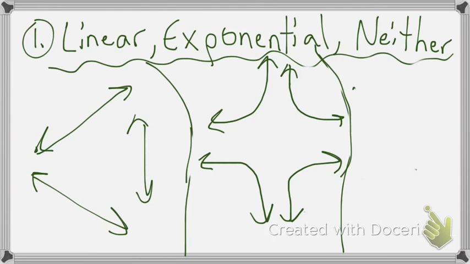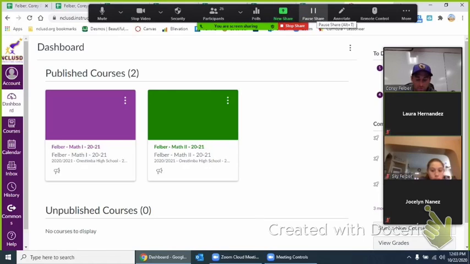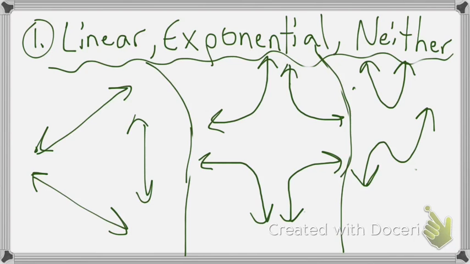And then the neithers is pretty much anything else, like none of the above. So you might see something like this. That would be a neither because it's none of those two. You might see something like this. That's definitely a neither. So those are graphically what they would look like.